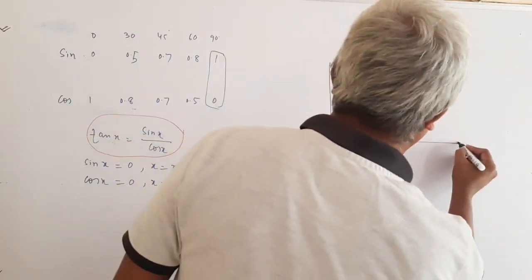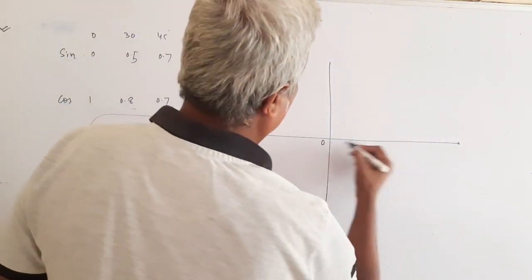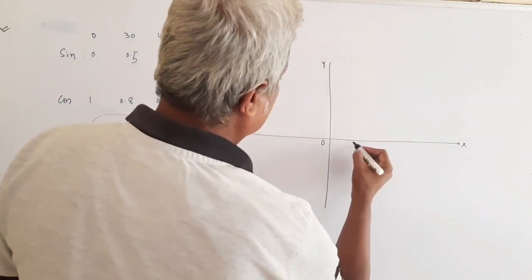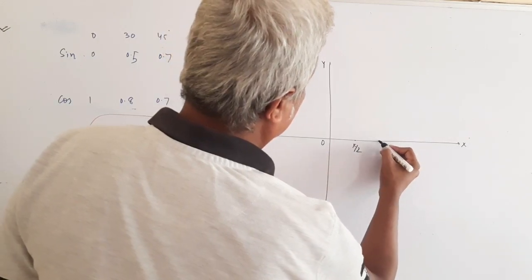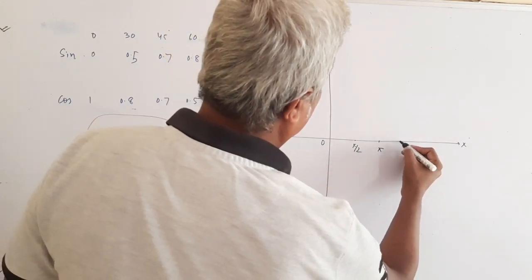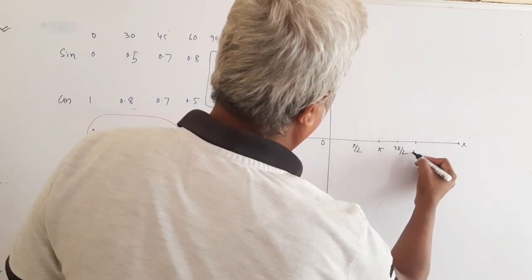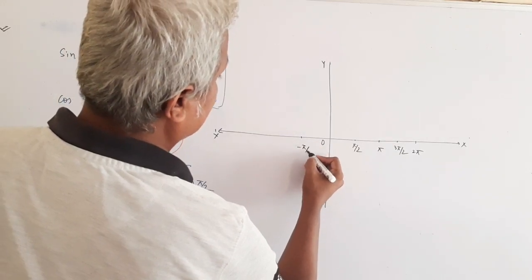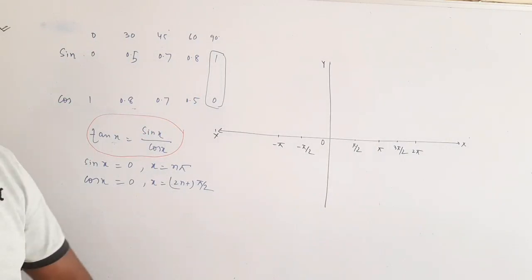This is x dash, O, x. This is y. First let me locate pi by 2, then pi, then 3 pi by 2, and then 2 pi. Here it is minus pi by 2, and this is minus pi.